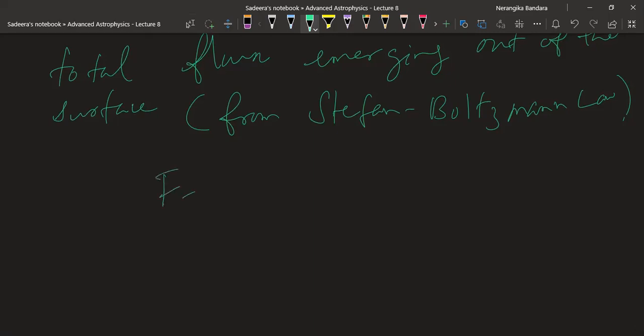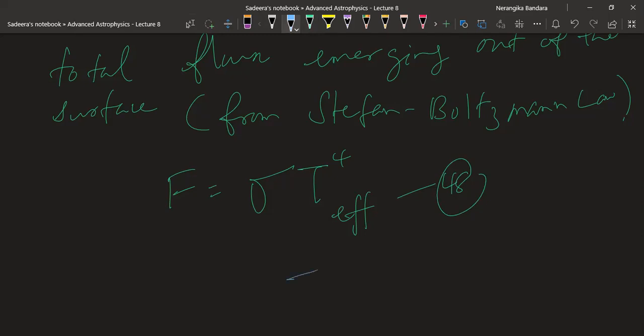We can say F, the total flux, is equal to sigma T to the 4. I'm going to put a subscript here, EFF, which means effective. This is the effective temperature, which means, okay, this is what we mean by effective temperature at the surface, or let's say off the surface.